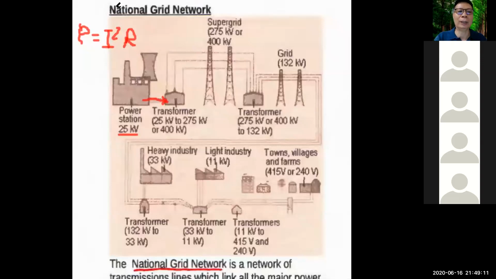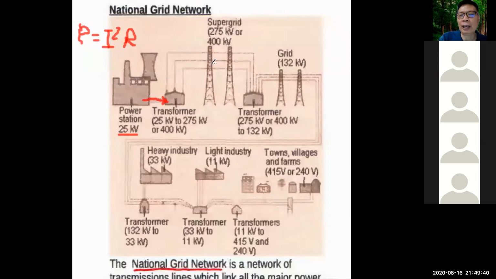So they call it the National Grid Network. Meaning all the power stations have to send all the generated power to this cable. This is called the centralized cable. Step up to 400,000, they send to here. The whole country all joins up as one.